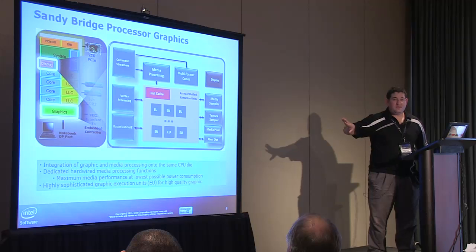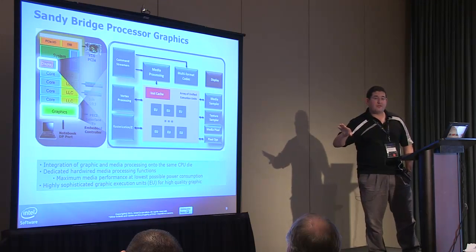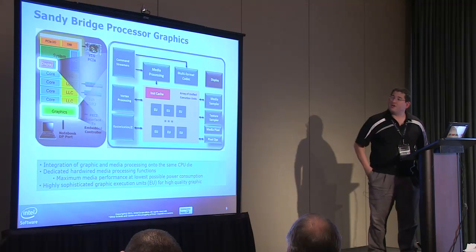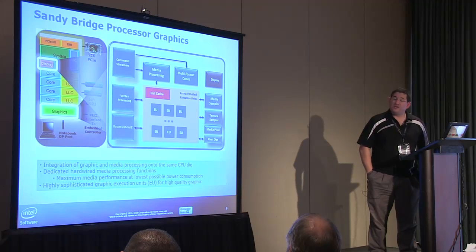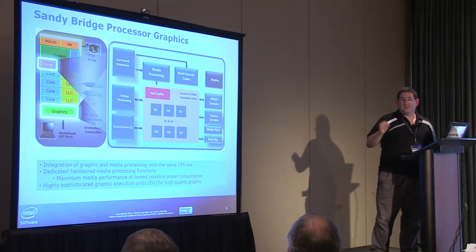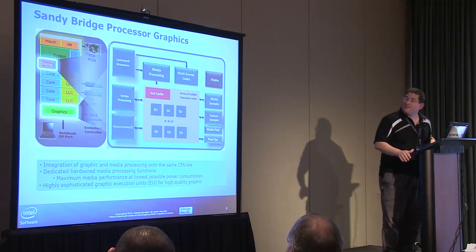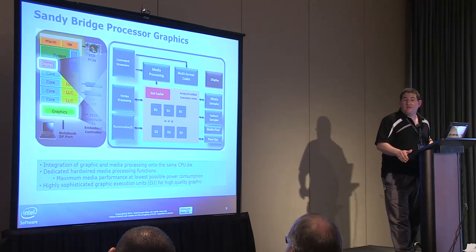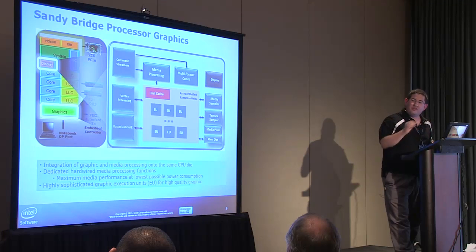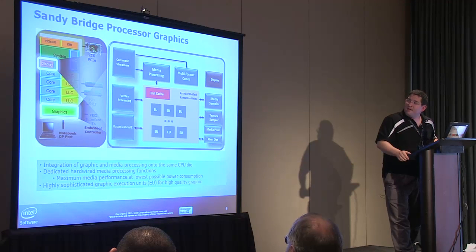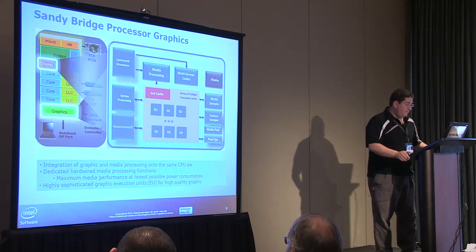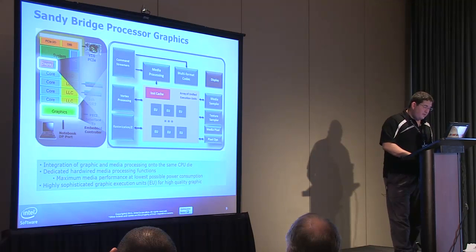That's run on the system agent. So it's separate from the graphics processor, which is new in the Sandy Bridge architecture. And in doing that, they're able to optimize those particular types of operations, and they saw almost 50% power reduction in laying in silicon those particular operations rather than running them through the graphics processor. So separating those out was a big win, power-wise.